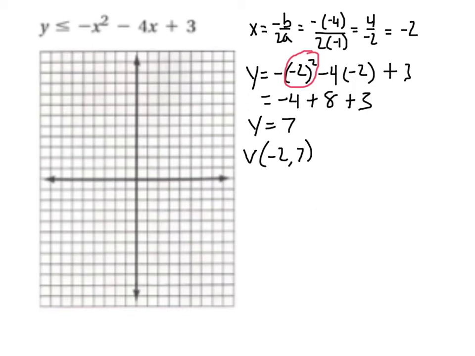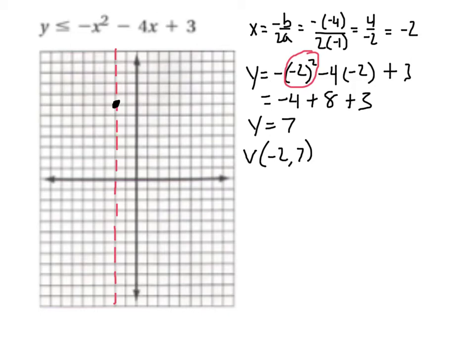So our axis of symmetry is that vertical line, x equals negative 2. And negative 2, 7 sits right there. Now, because we're in standard form, we can find our y-intercept as well. Our last example, we didn't care about the y-intercept because our vertex fell on the y-axis.